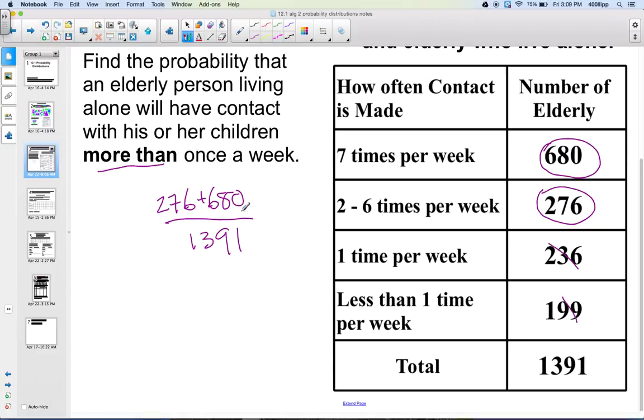So when we add those up, we'll get 956 divided by 1391. We can go ahead and divide those and we'll get a decimal of about 0.687. And writing that as a percentage, we get 68.7%.